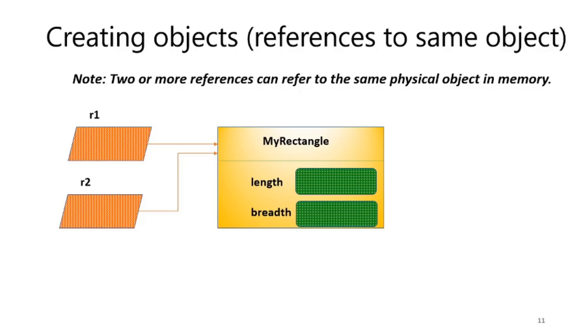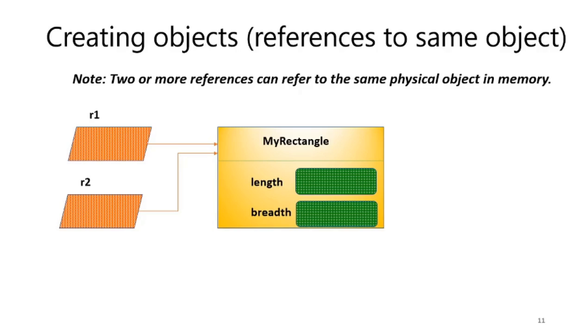You have created the object R1, and suppose that you are using another object, and that other object refers to the same physical object in the memory. That means R2 refers to R1. Suppose you are assigning R1 to R2.